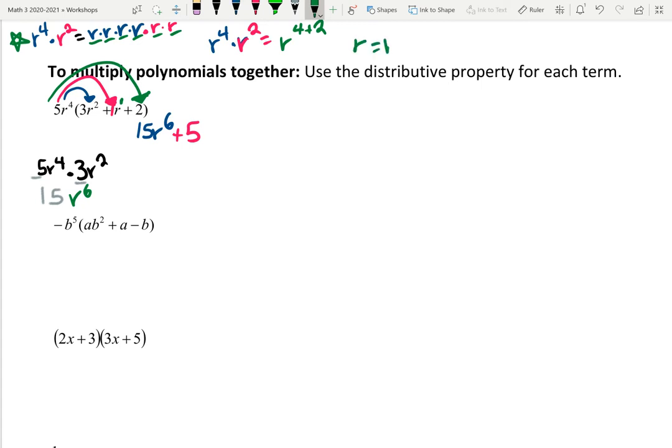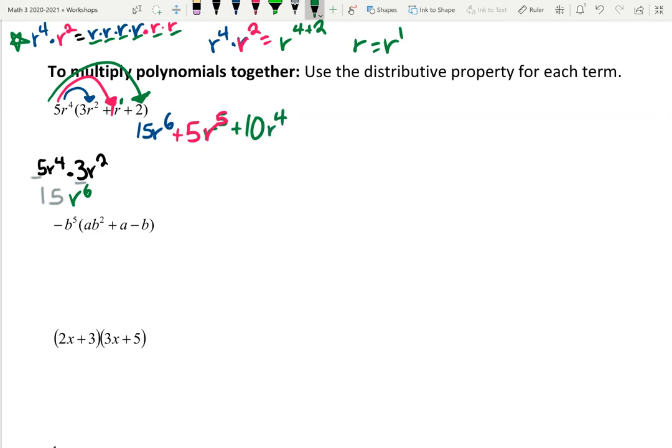R is the same as r to the first power. So how many r's are there total? 4 and 1 make 5. Let me be consistent and keep this red. And then finally, I have to distribute 5 times 2, which is 10. How many r's do I have?